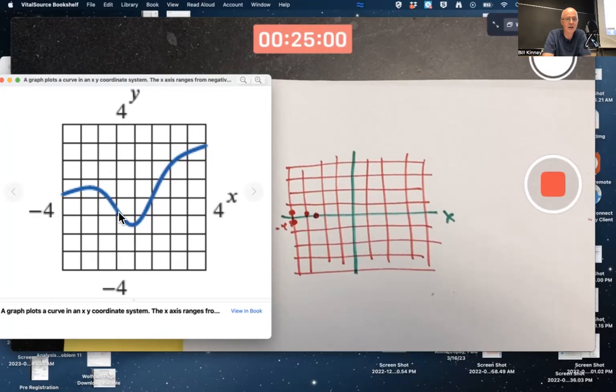I could try to draw a little tangent line here and try to estimate its slope. Let's just do it at x equals -1. If I pretend the tangent line goes like this, see the cursor there? x increases by 1 and y goes down from about -0.7 down to about -2.2.